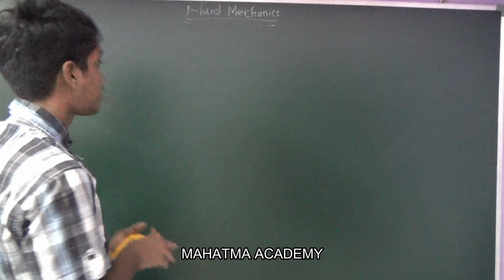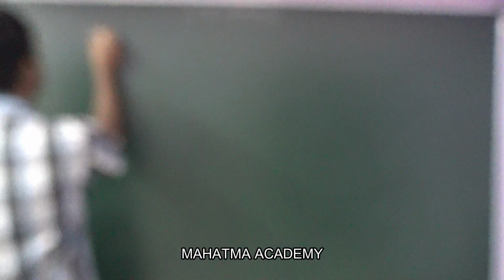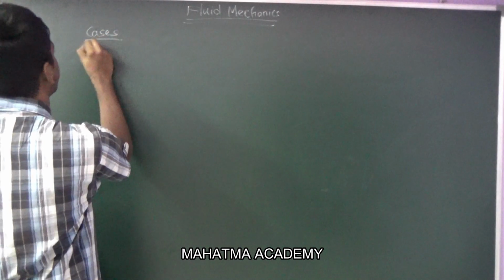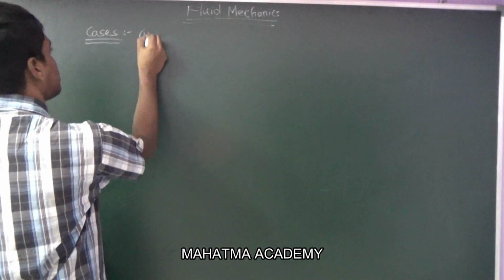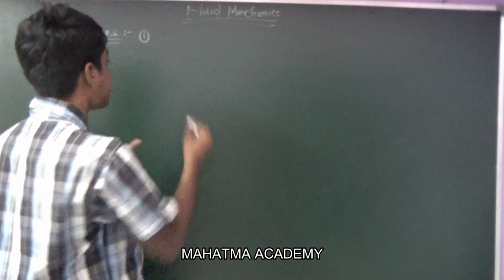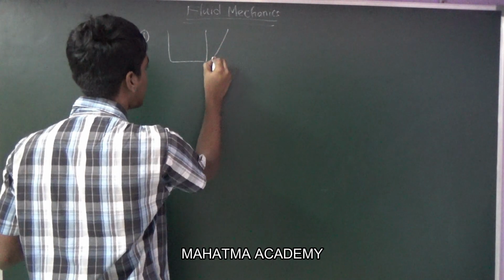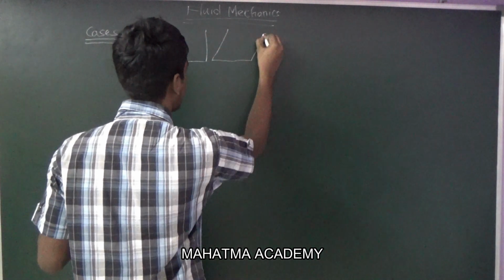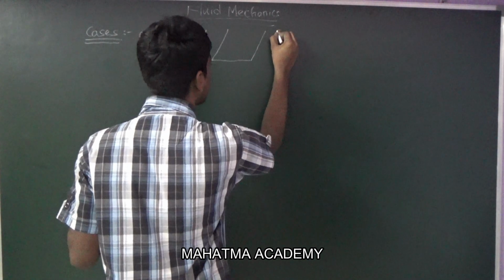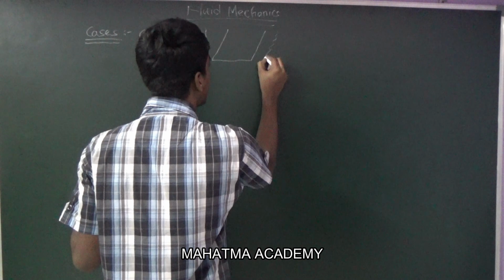Okay, now we are going to discuss cases. The first case is if we have containers having different shapes. This is the container and this is the container, or a container of irregular shape.